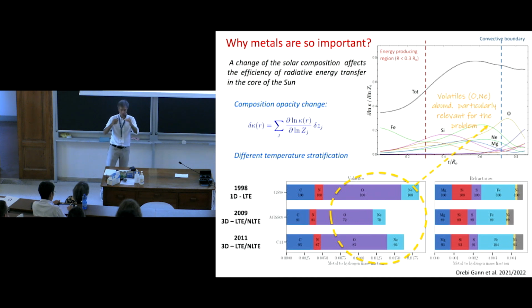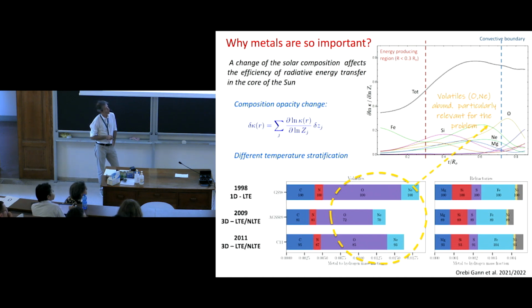So if you change the surface abundance of the sun, in reality you change the abundance of metals everywhere in the sun. And metals, as I was saying, give a substantial contribution to the opacity, even if they are rare elements. Here, for example, we show the logarithmic derivatives of the opacity with respect to the abundance of a specific element or to the total abundance of metals in the sun as a function of the radius.